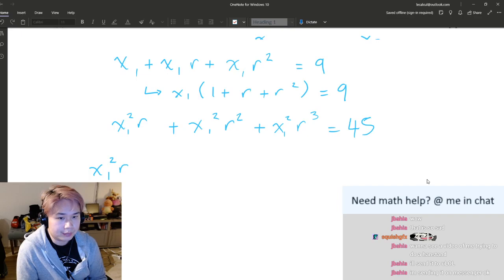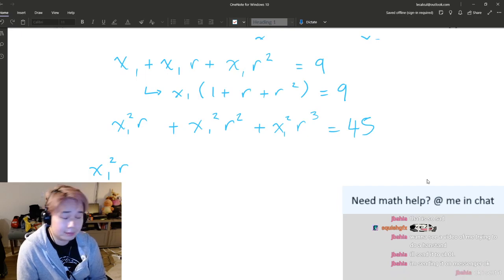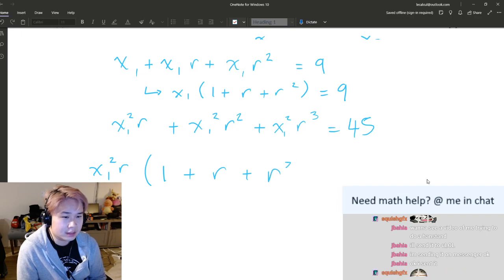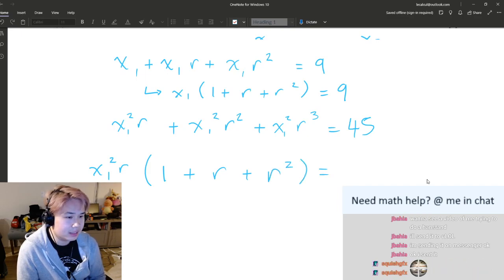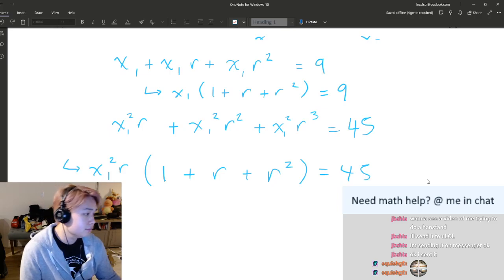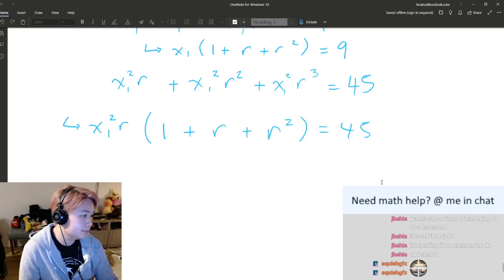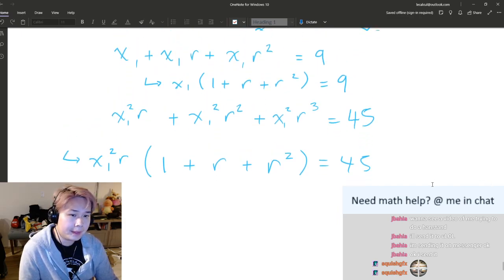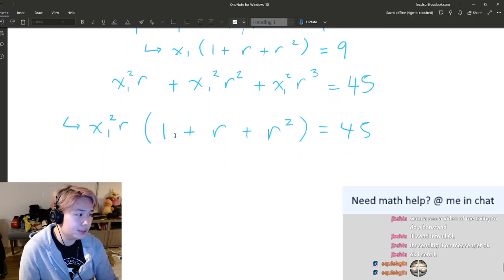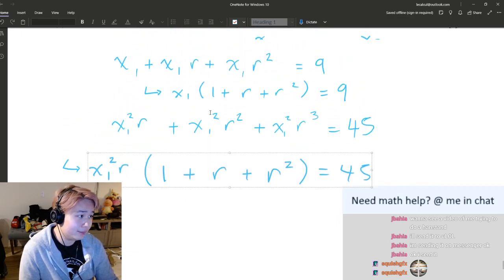So what are you left with? You're left with 1 plus r plus r squared. And then this is equal to 45. And then you divide the two equations.